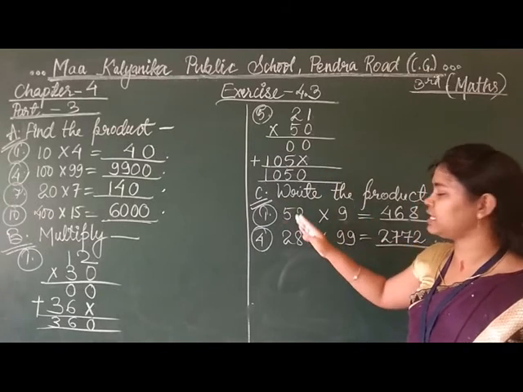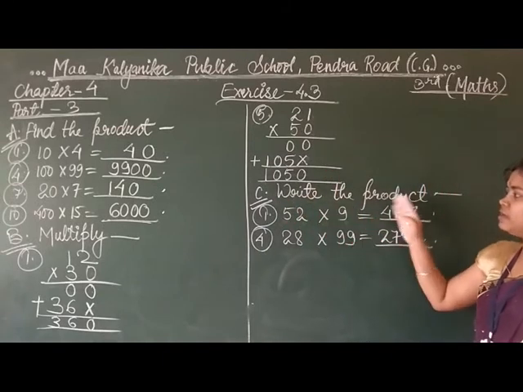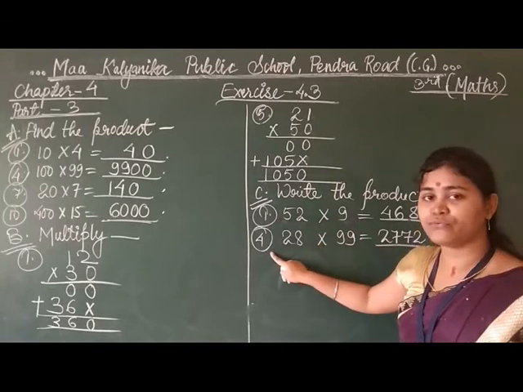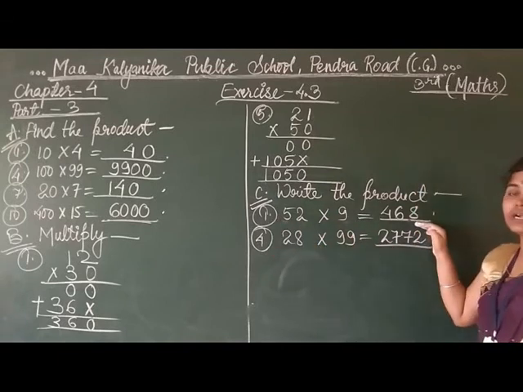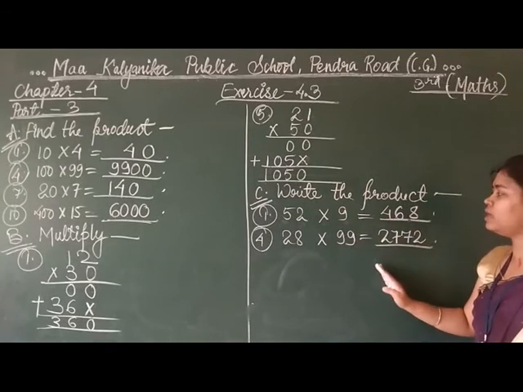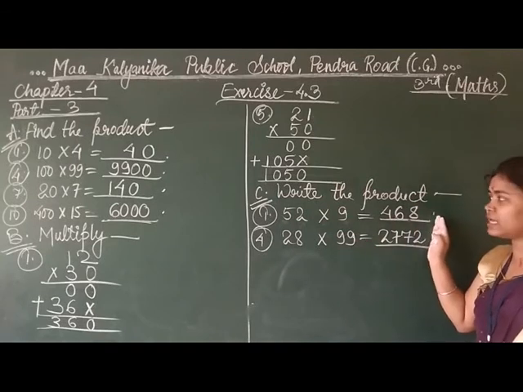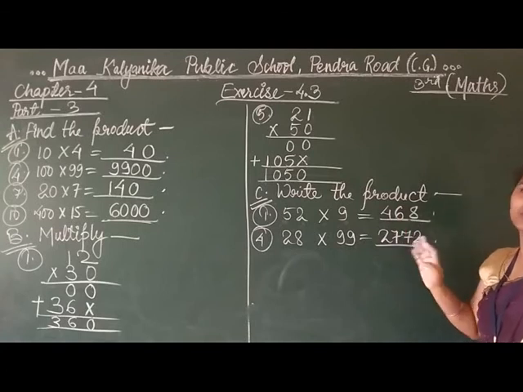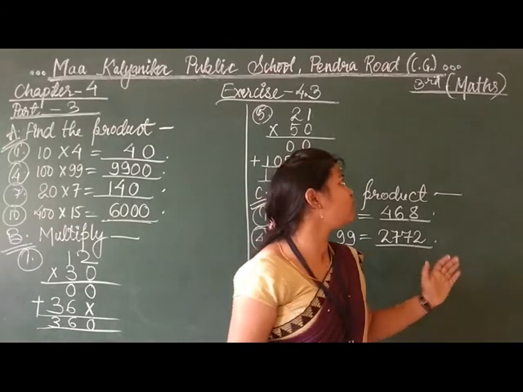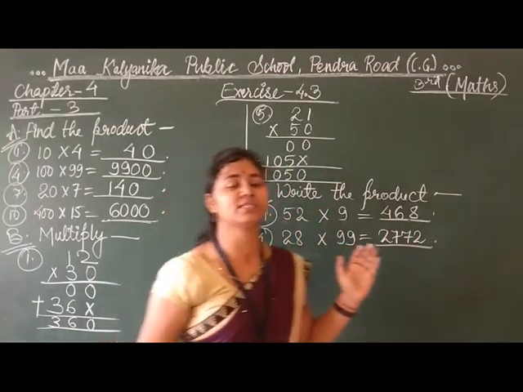And question number C, write the product. We have written 2 questions here, 1 and 4, which is horizontally, which is not written in column. Okay, you can do rough work in column and then write the answers directly if blanks are given. No need to write the complete procedure here. Okay students, so I hope exercise 4.3 is clear to you.